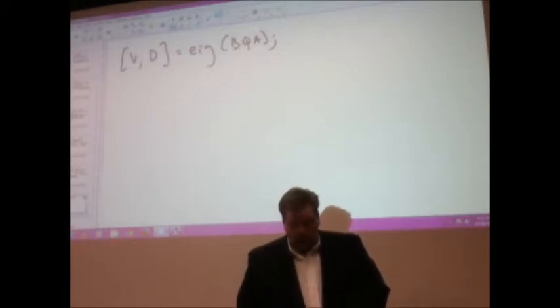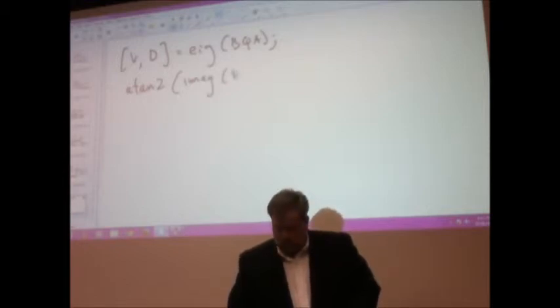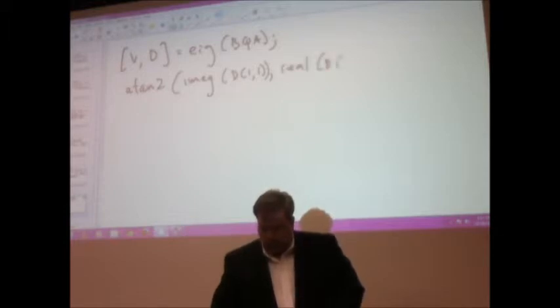We can also calculate the angle of rotation if you want, by atan2 of the imaginary part of one of those eigenvalues, for example D11, in parentheses, and the real part of D11.